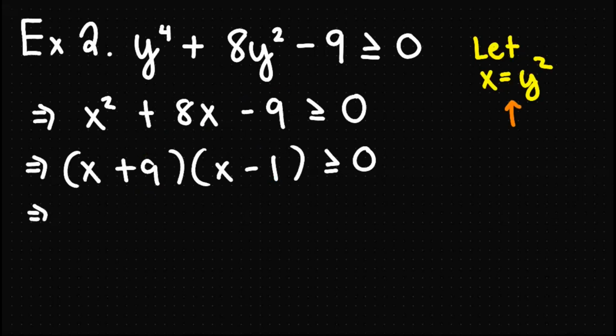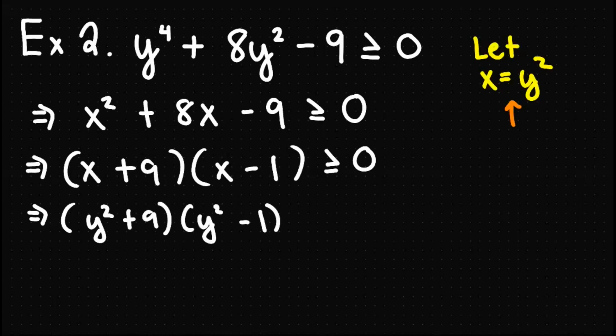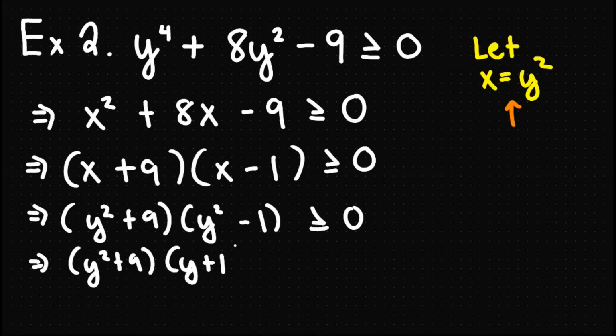So this becomes y squared plus 9 times y squared minus 1. And note that y squared minus 1 out here still factors into y plus 1 and y minus 1.